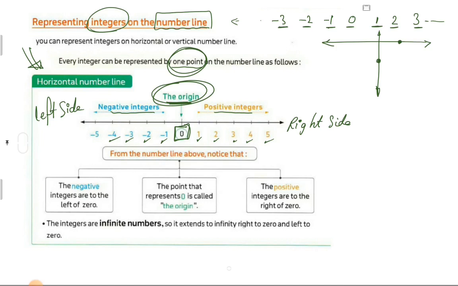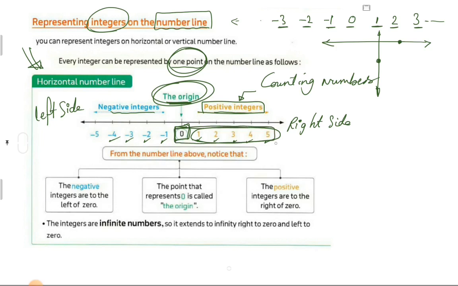Don't forget that these numbers are called positive integers, and called what? Counting numbers, right? If we put 0 with the counting numbers, we get natural numbers.